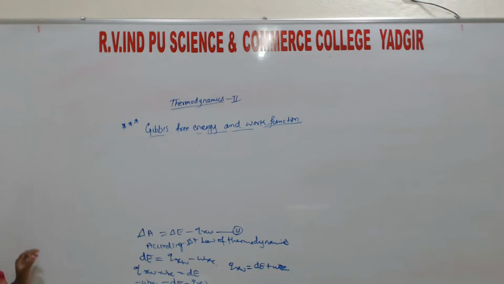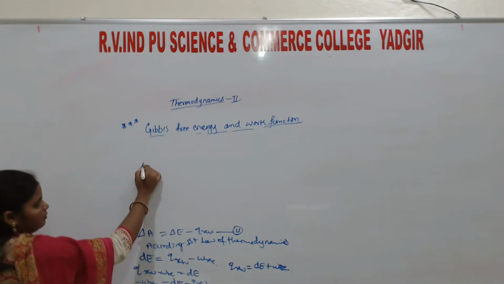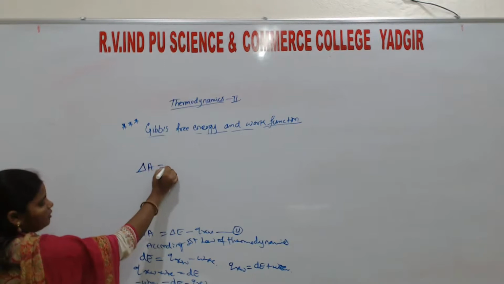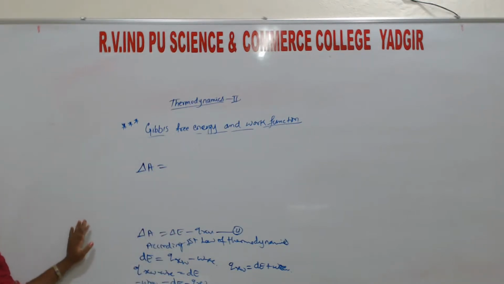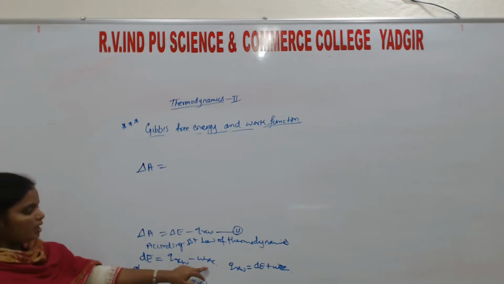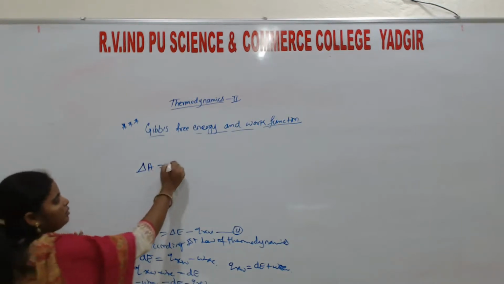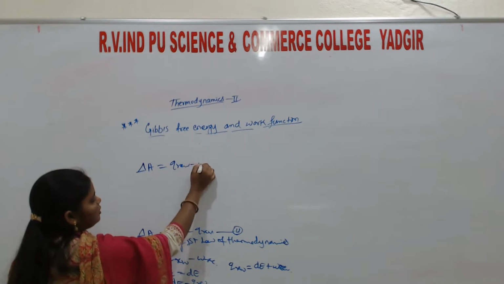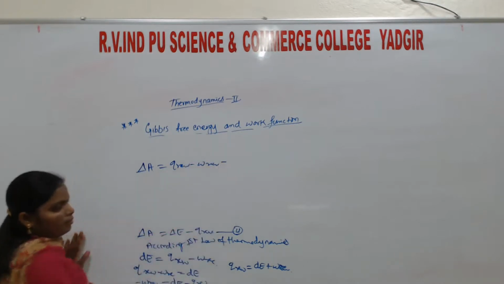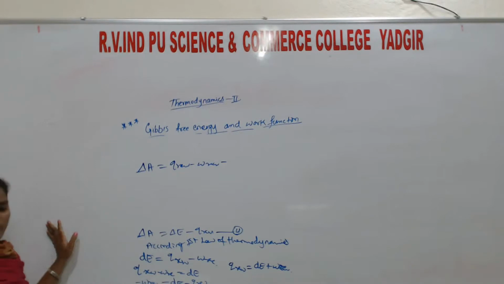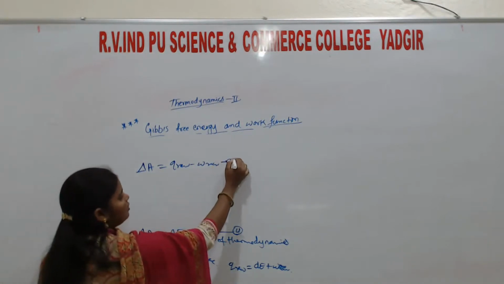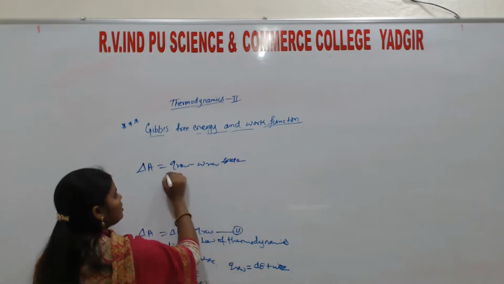Therefore delta A is dE minus Q reversible, that is Q reversible minus W reversible minus Q reversible.